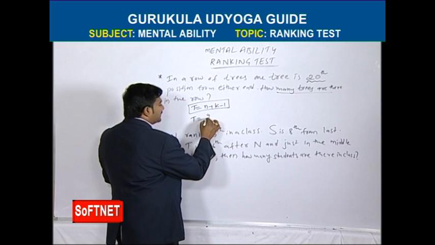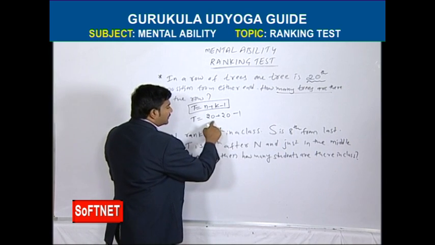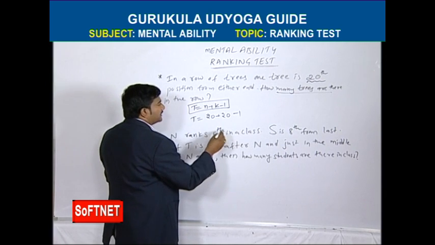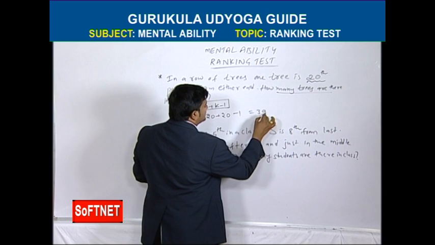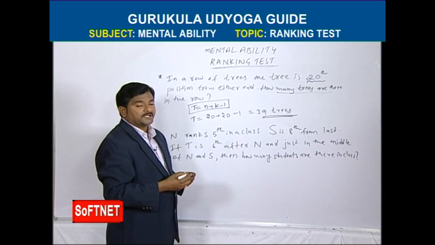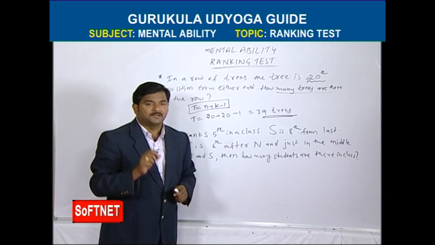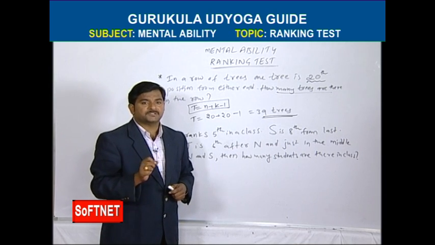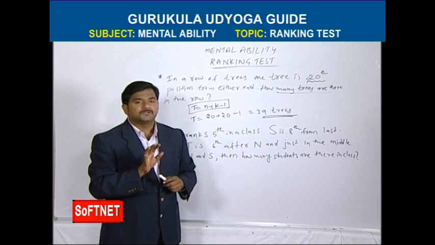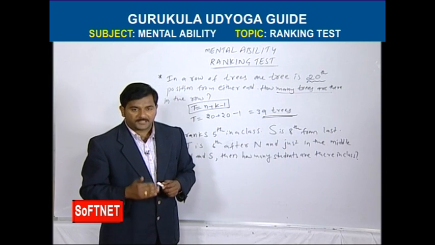So here the n value is 20 and the k value is also 20. 20 plus 20 is 40, 40 minus 1, how much am I getting? 39. Therefore, how many trees are there in that row? There are 39 trees in that row. If 39 trees are there, then only the given condition is possible: one tree is 20th position from either end. From left 20th position, from right 20th position. That is possible only if the total number of trees in that row is 39.